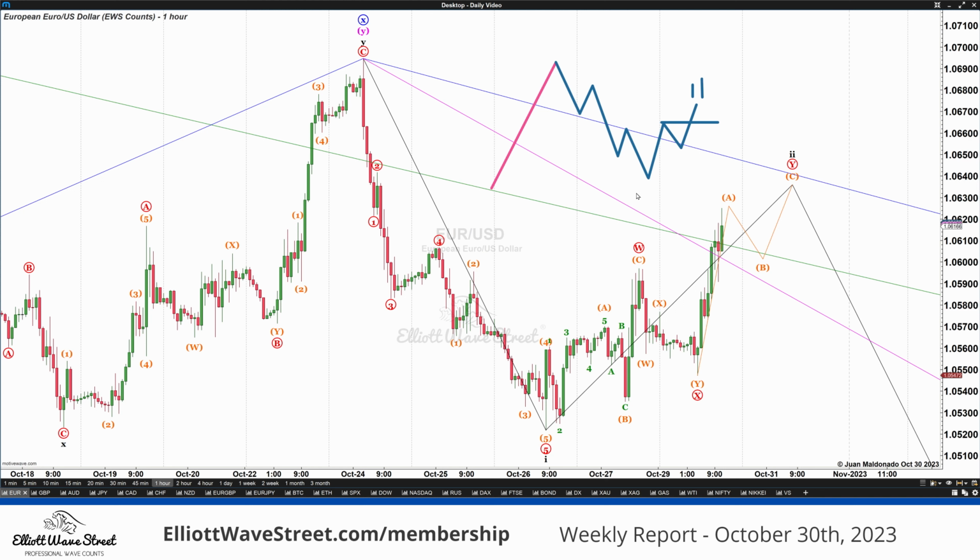And most of the time, the Elliott Wave theory starts playing against the trader, because it starts working in the opposite way, let's say. So it's important to understand that concept.